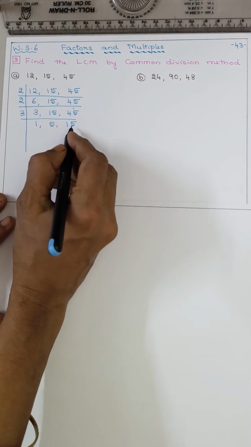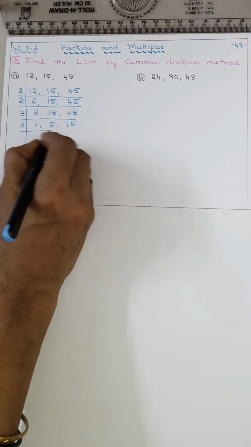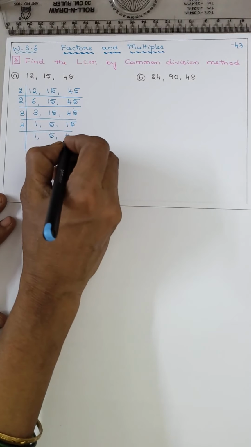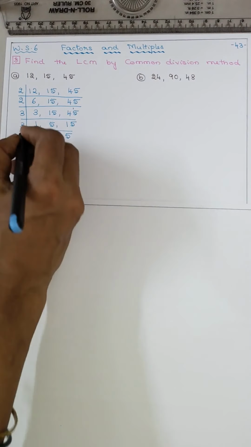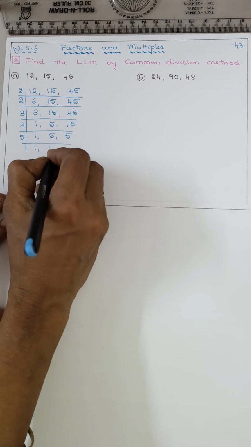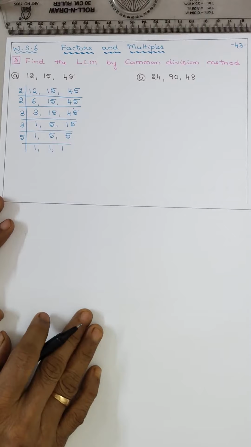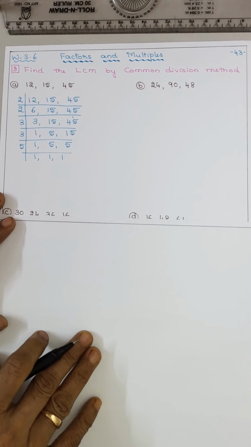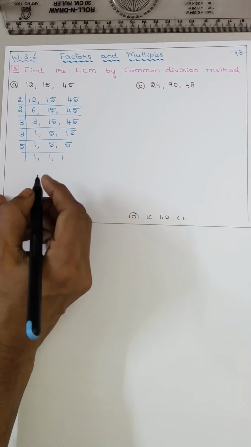Now 15 is divisible by 3, so 3 1s are 3, 5 as it is, 3 5s are 15. Now 5 1s are 5, 1, 1. So till you get 1 for all the 3 numbers, you have to go on dividing.